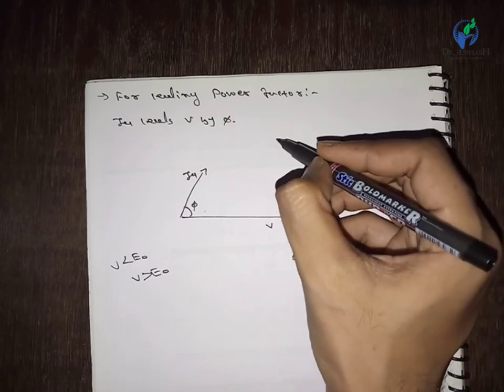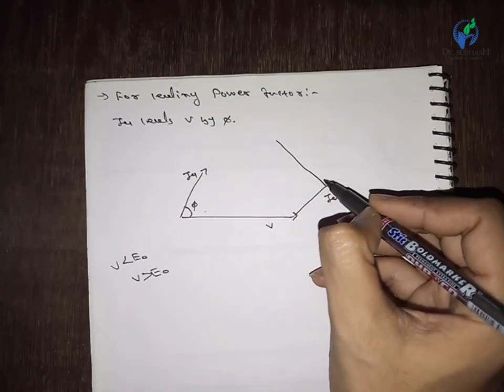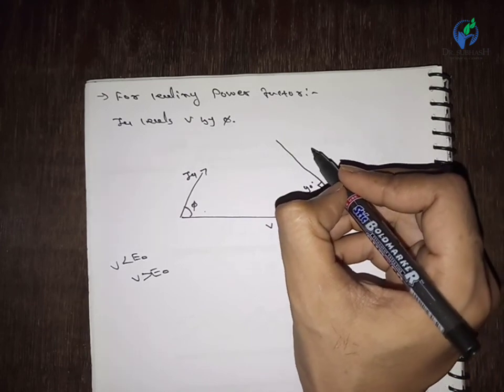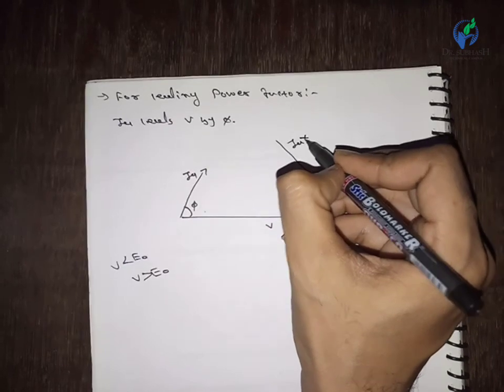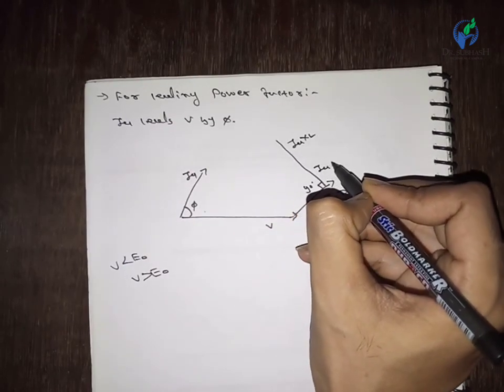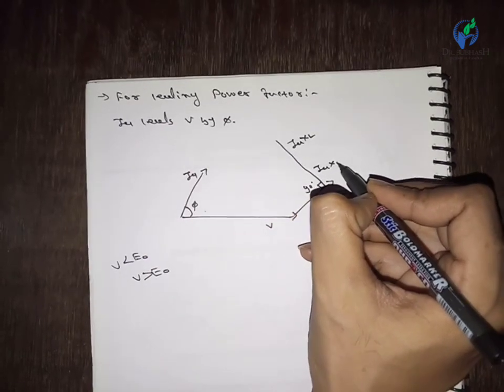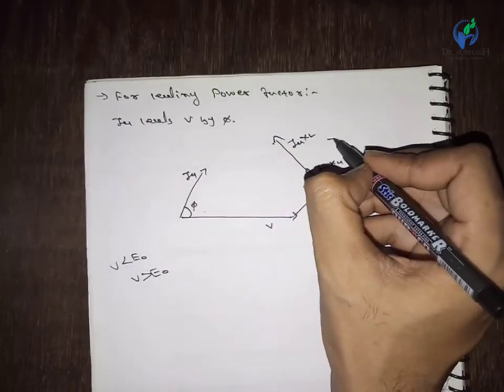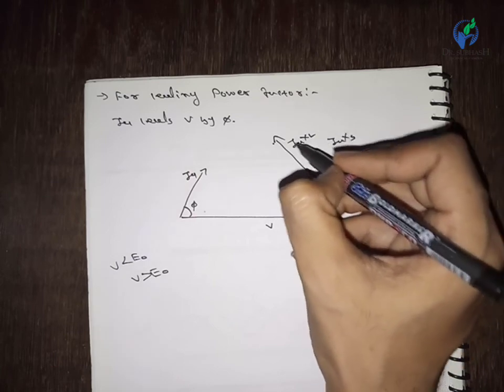There is Ia into Xl and Ia into Xa, and the common word is Ia into Xs.